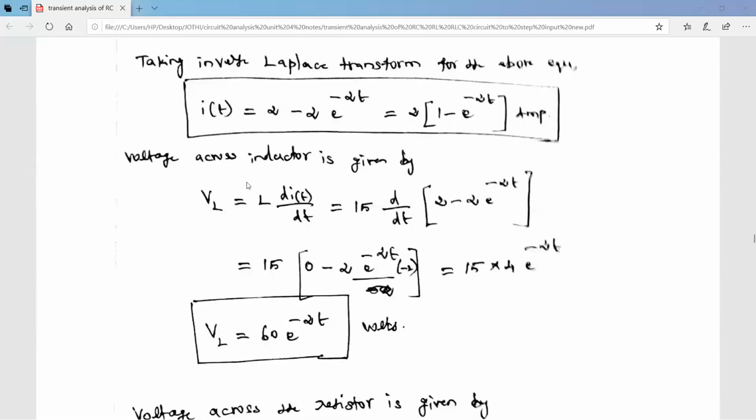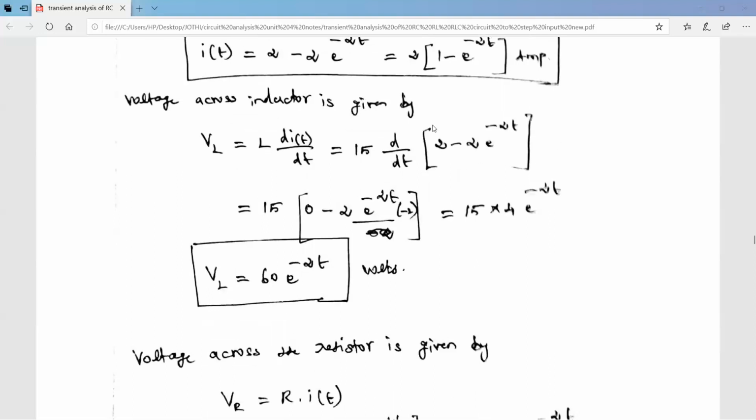The voltage across the inductor is calculated by, what is the voltage across the inductor formula? L into di of t divided by dt. What is the value of L given? It is 15. So 15 into d by dt of I of t. The I of t expression we already derived: 2 minus 2 into e power minus 2t. Let us differentiate these terms.